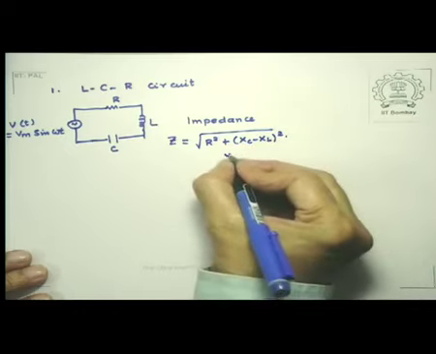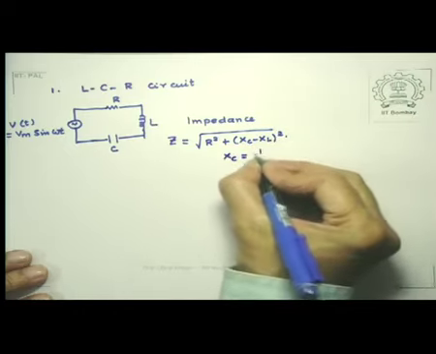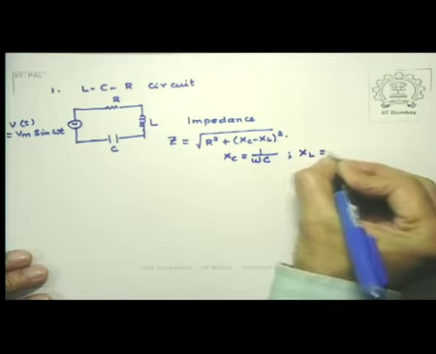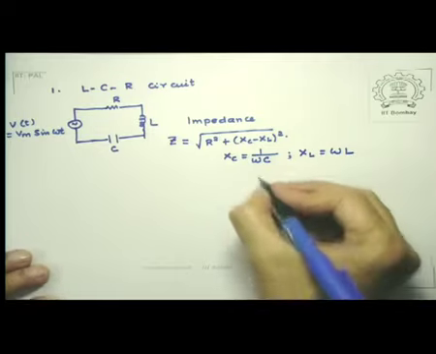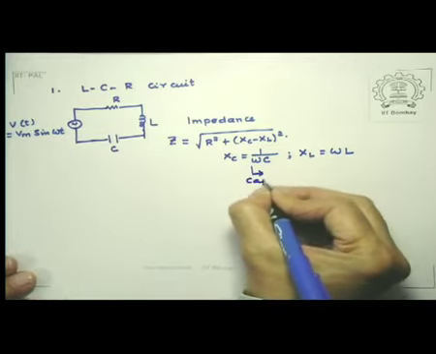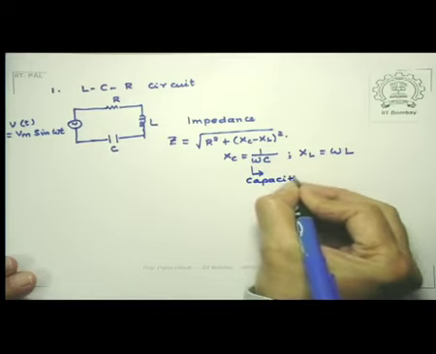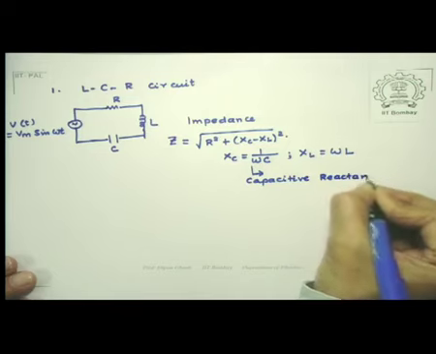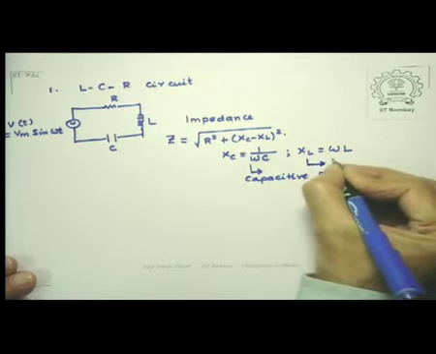And we had seen that Xc is given by 1 over omega C and XL is given by omega L. So this is capacitive reactance and this is inductive reactance.